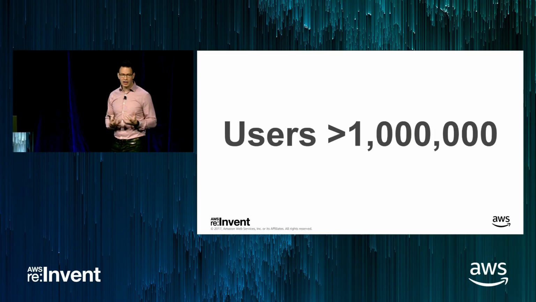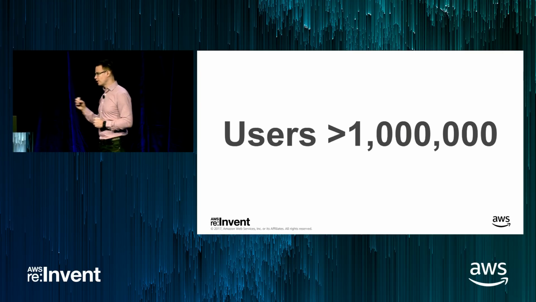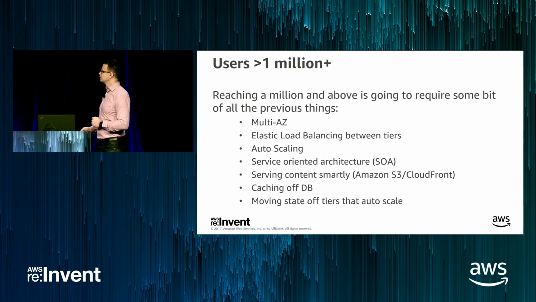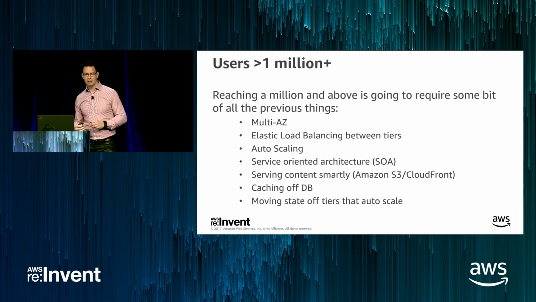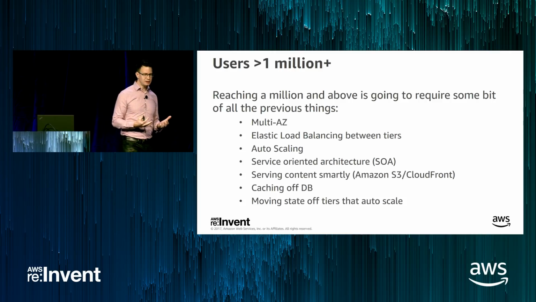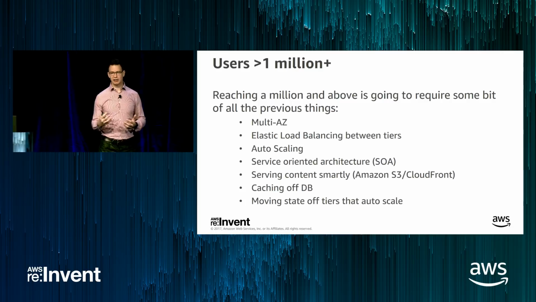So these architectural concepts now are going to help us aspire to get past 1 million users. To do that, we're going to use all the things we've discussed. We're going to use multi-AZ, we're going to use load balancing, auto-scaling.